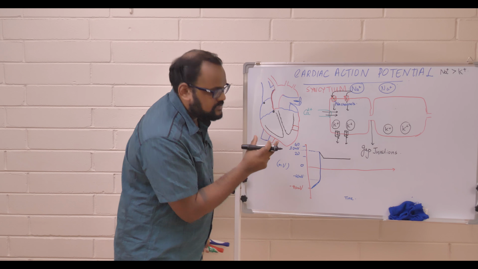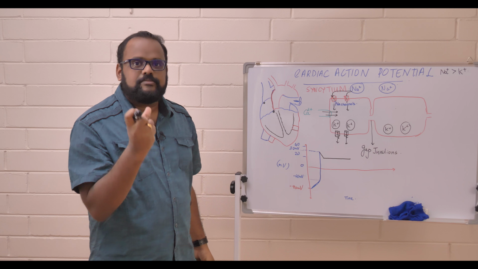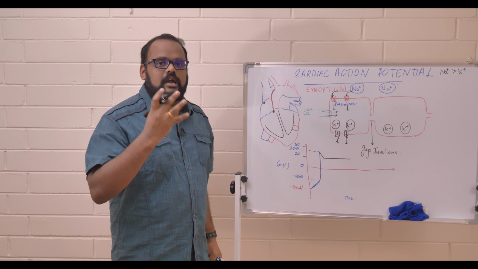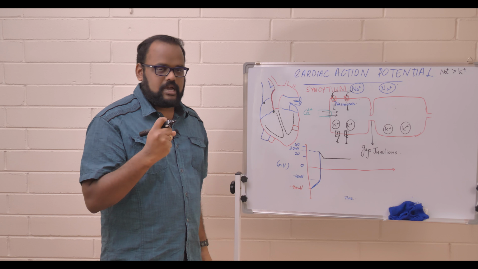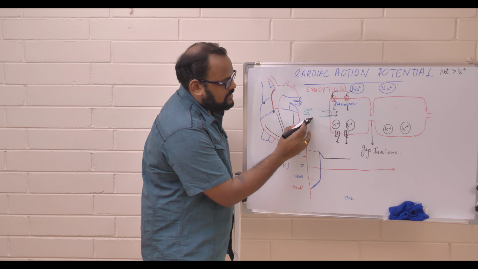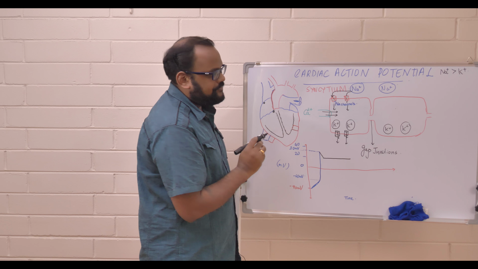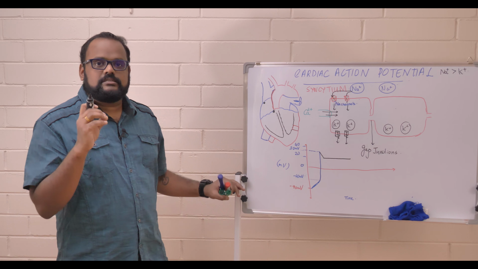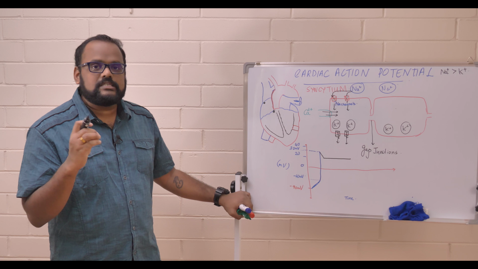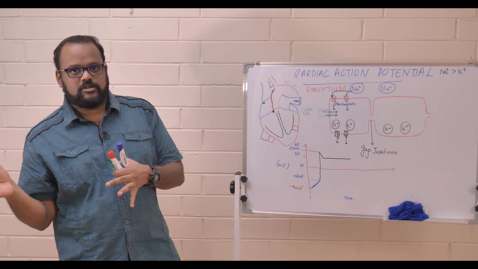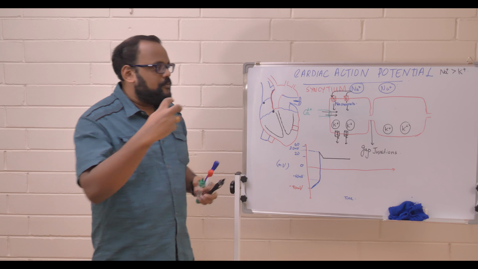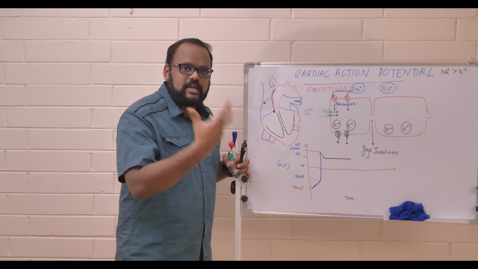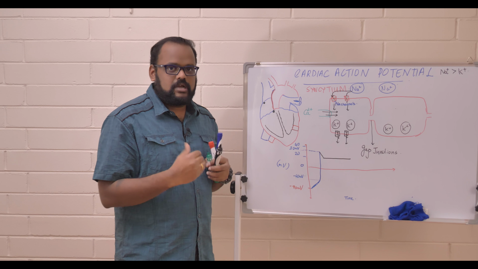And it is at this stage that your cardiac muscles start to contract, because when the calcium goes in, inside the muscles there are structures called the sarcoplasmic reticulum, which is the counterpart of the endoplasmic reticulum, which helps in releasing more and more calcium, which helps in muscular contraction.